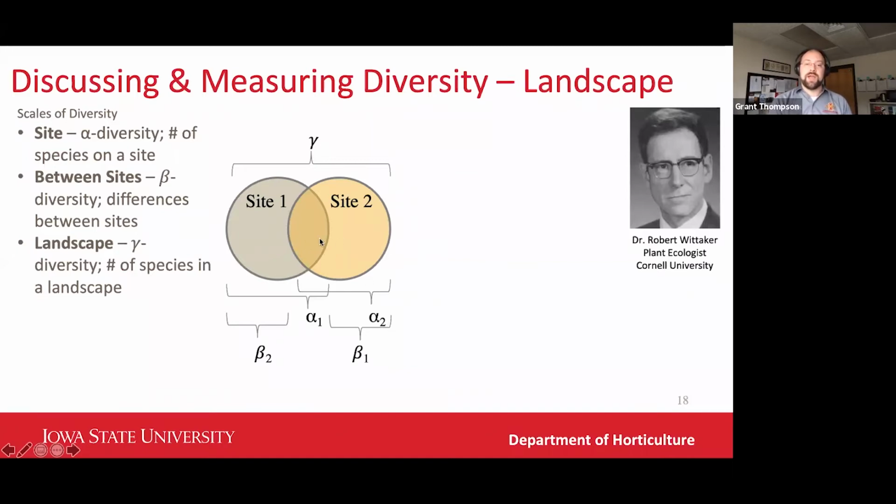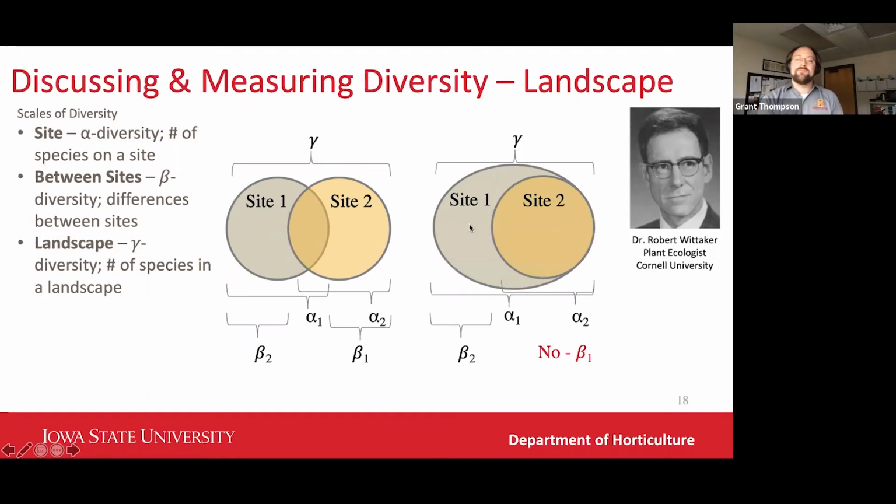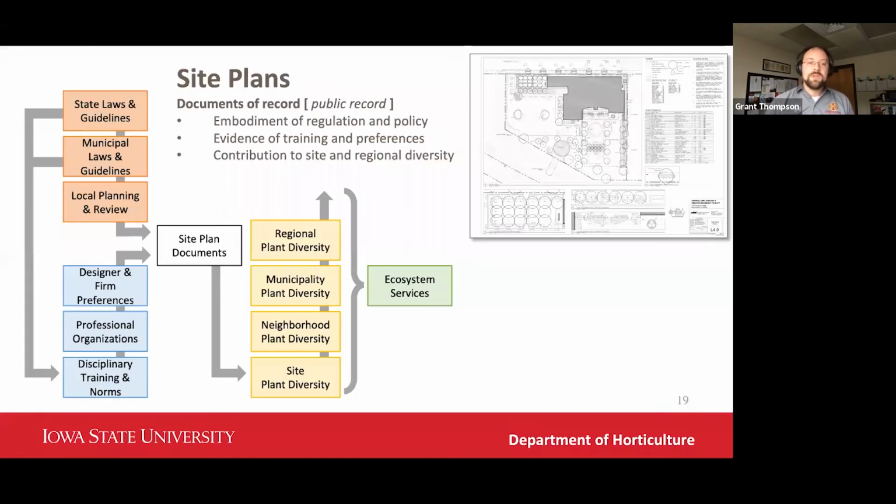There's some overlap between them. So the difference between those is the beta of site 1 and the beta of site 2. And then that total species list is our gamma. When we have a site with a lot of species in it, such that it's completely inclusive of all of the species in the region, beta drops out. So just something to think about here.